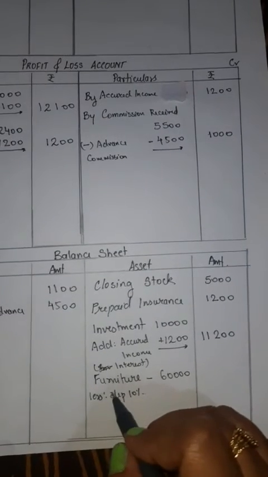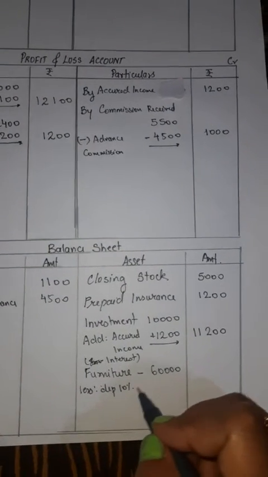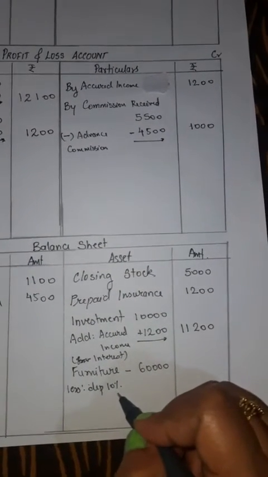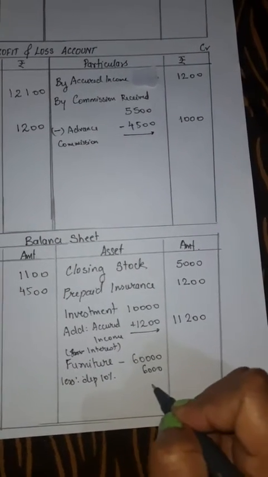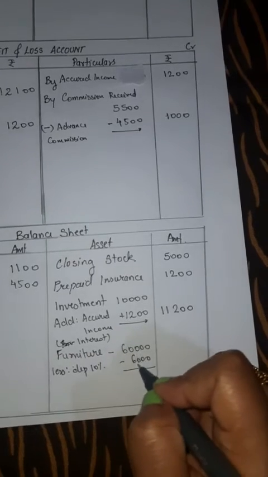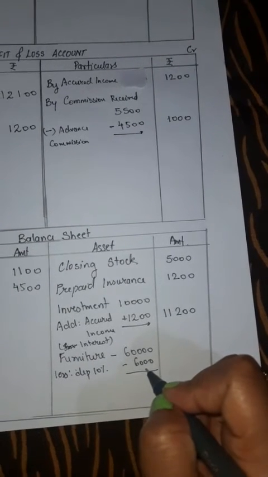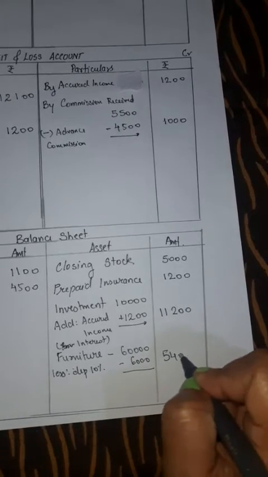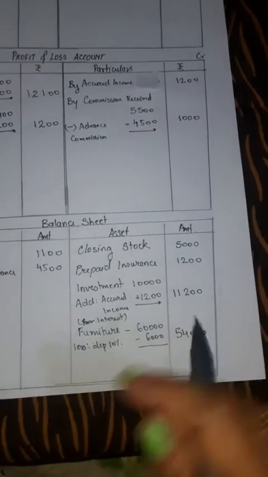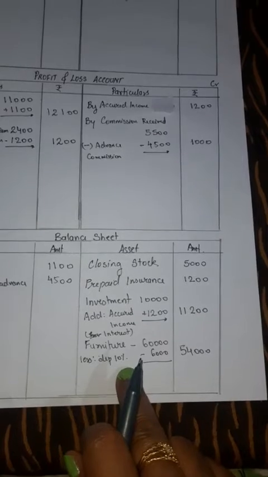Hence, less depreciation 10%. On 60,000, if you calculate 10%, you will get 6,000 as an amount. So 60,000 minus 6,000, you will get 54,000 as the amount. This was the first effect of the depreciation.